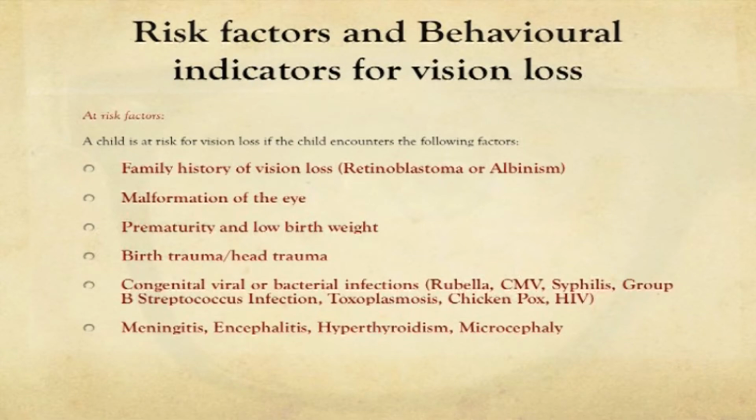A child is at risk for vision loss if the child encounters factors such as family history of vision loss, such as retinoblastoma or albinism, malformation of the eye, prematurity and low birth weight, birth trauma, head trauma, congenital viral or bacterial infections such as rubella, CMV, syphilis, group B streptococcus infection, toxoplasmosis, chickenpox, HIV, meningitis, encephalitis, hyperthyroidism, microcephaly.